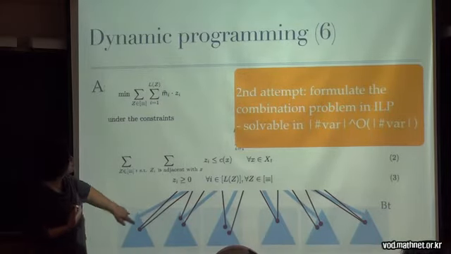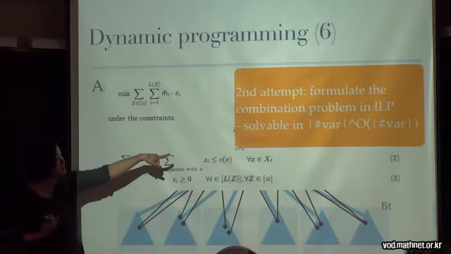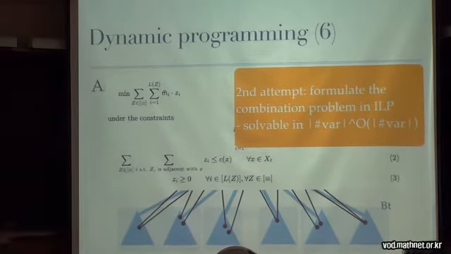So you can formulate the problem as an ILP, and ILP can be solved in FPT time with respect to the number of variables. And the number of variables is like O of k squared.